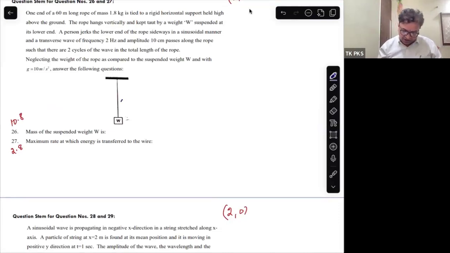Suppose you take this distance as y, for example. At this point, tension is nothing but weight W plus 1.8 by the length of the rope, 60 meters.